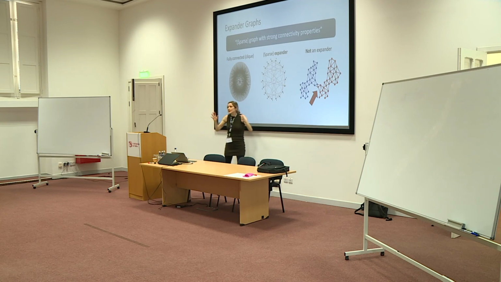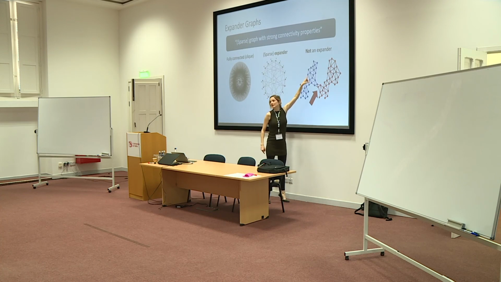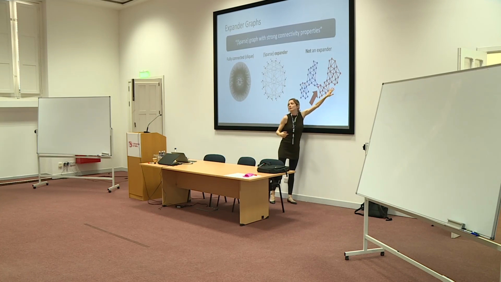For example, just to keep in mind, suppose that I start on one side and I start taking a random walk on the graph. The fact that there are very few connections from here to here means that if I start on one side and take a random walk, it's going to take a long time before I get over to the other side.